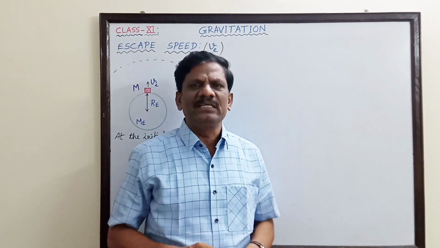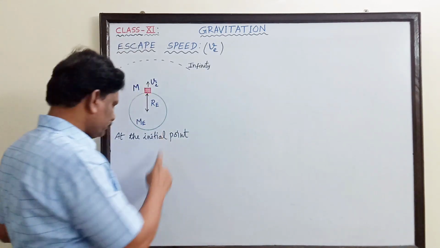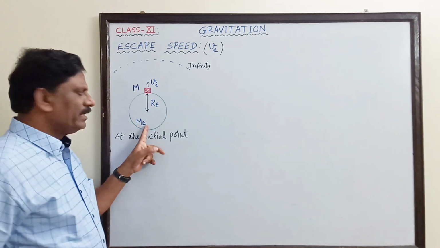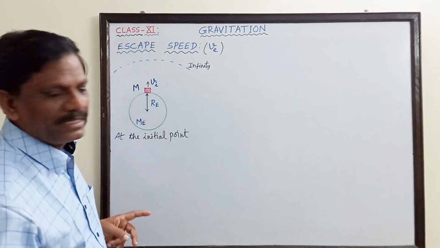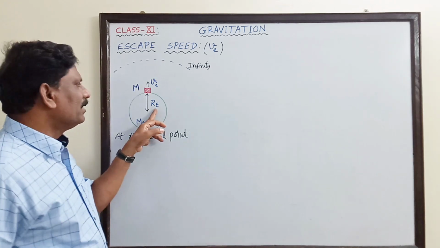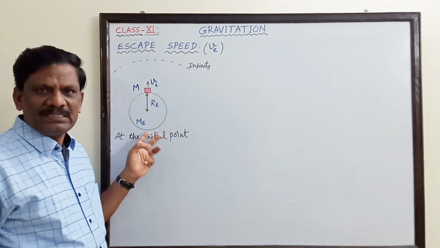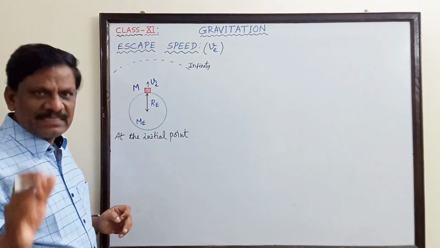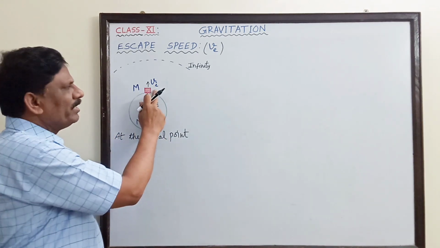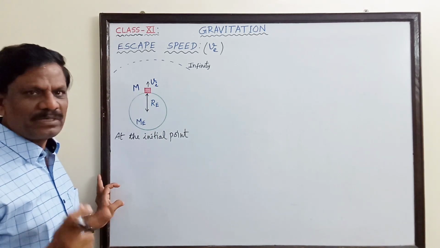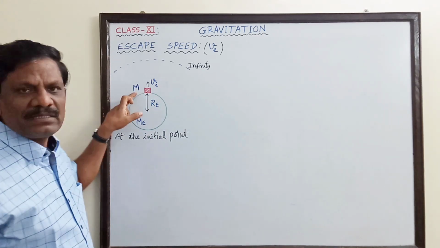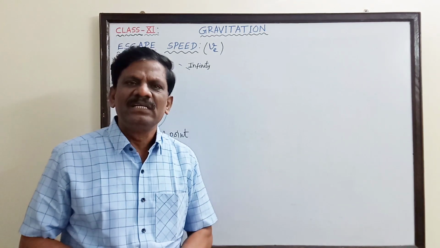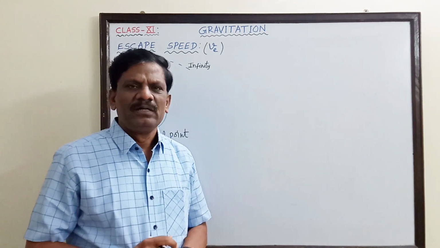So for Earth, now we have drawn a picture. This is our Earth. Let ME be the mass of the Earth, RE be the radius of the Earth. Now on the surface of the Earth, let us consider this is a body which has to be projected, that is of mass M. So it is initially placed on the surface of the Earth at rest.